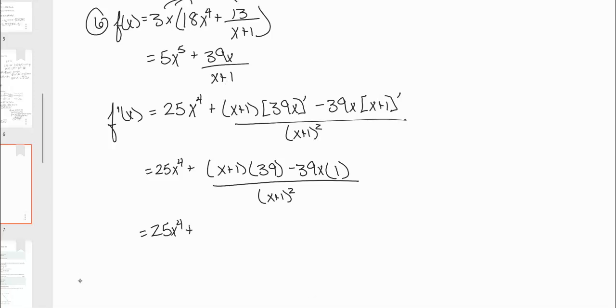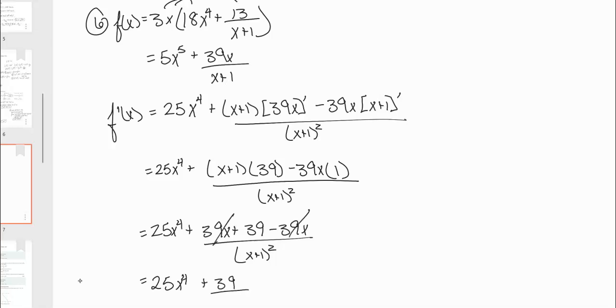So we're going to distribute. So we're going to have 39x plus 39 minus 39x all over x plus 1 squared. So 25x to the 4th. Those are going to cancel, leaving us with a 39 over x plus 1 squared.